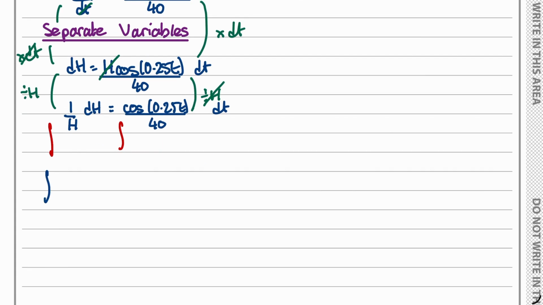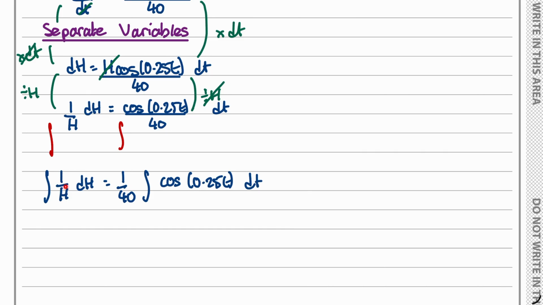So we'll have the integral of 1 over h dh will equal the integral, and I'll pull this division of 40 in front of the integral sign. So 1 over 40 times the integral of the cos of a quarter t integrated with respect to t.